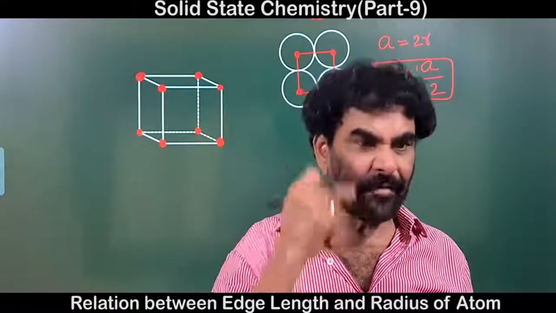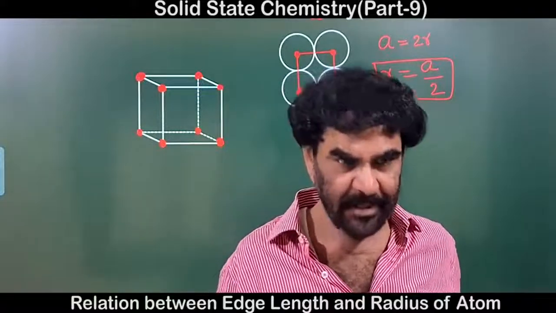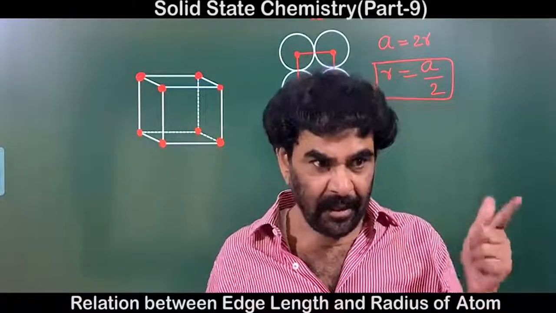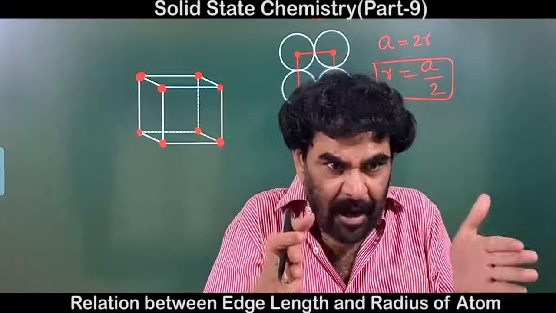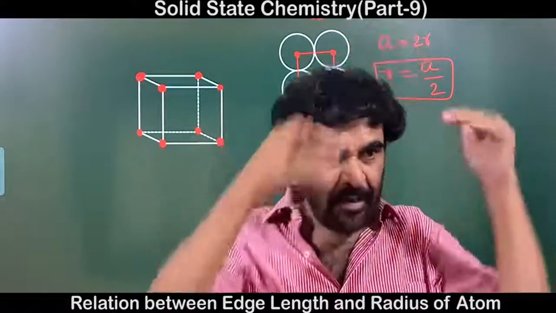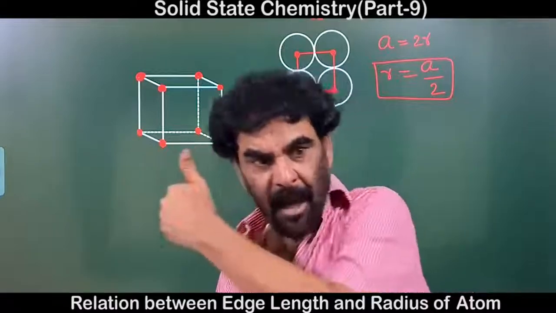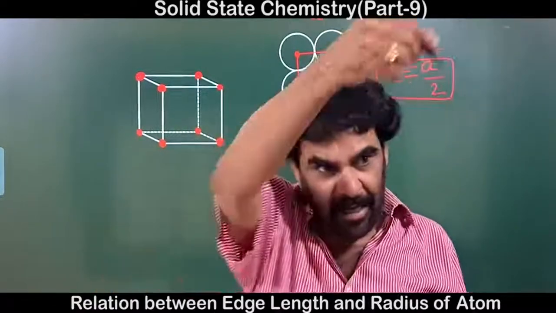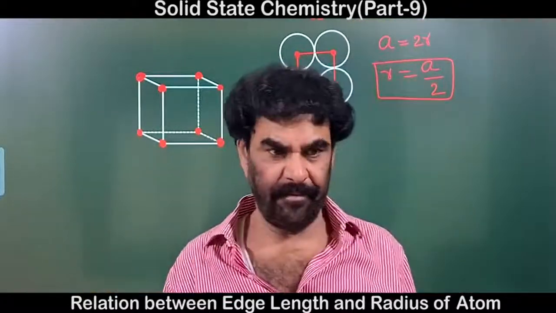And in the face centered cubic cell, the corner atoms are not in contact. The corner atom and face center atom, and the opposite corner atom, are touching each other along the face diagonal.